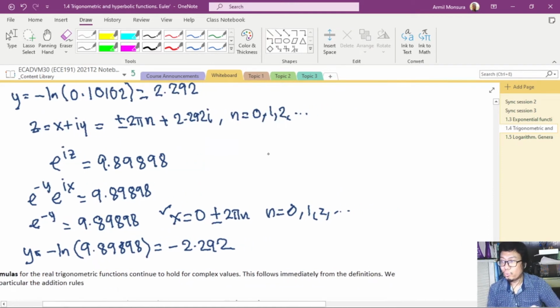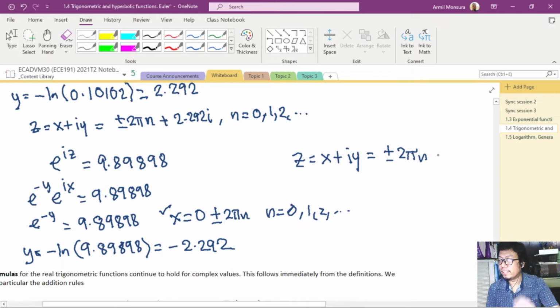So therefore, we can now write z as x plus iy, which is equal to x is plus or minus 2 pi n. Since the principal argument is 0, I need not write it here.